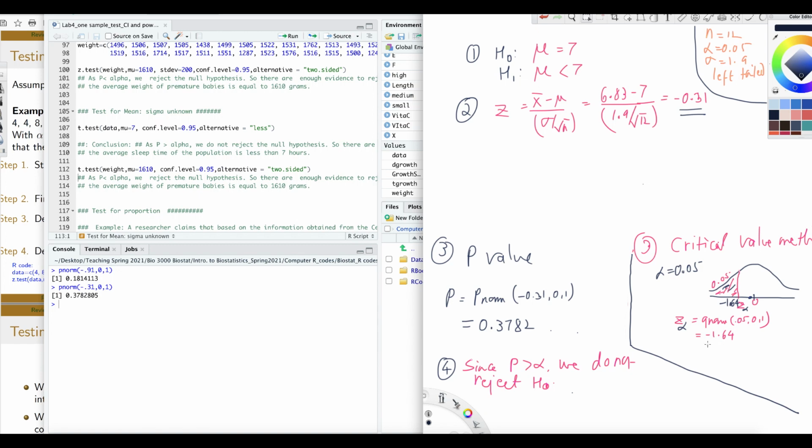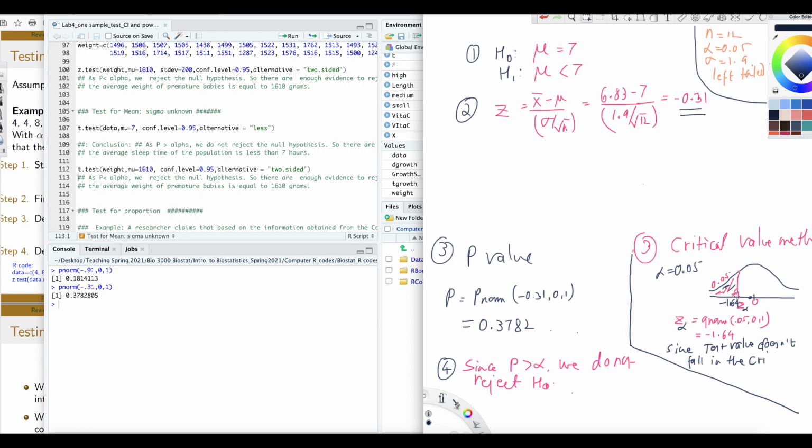So what we can say here is, since the test value does not fall in the critical region, we do not reject H0. What is that critical region?